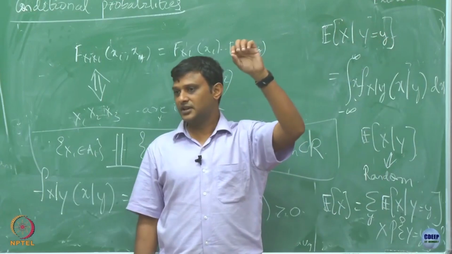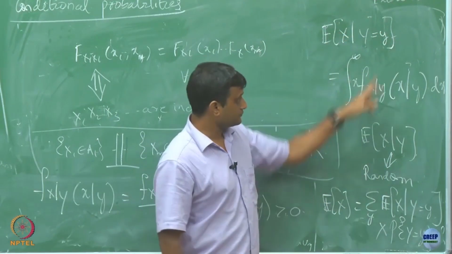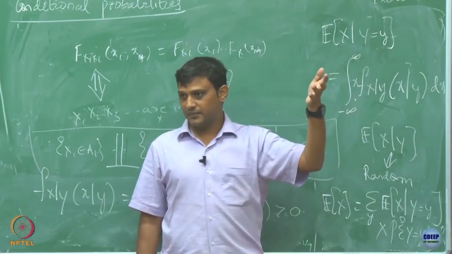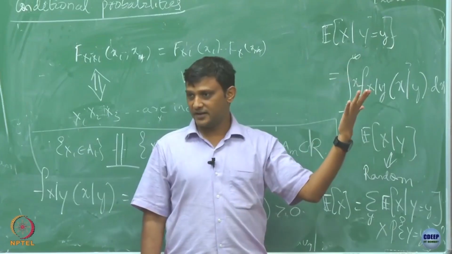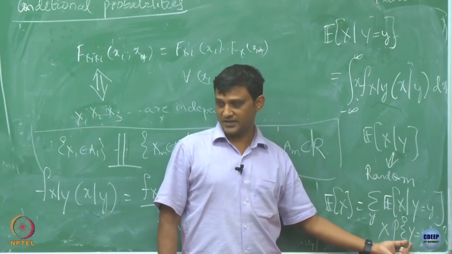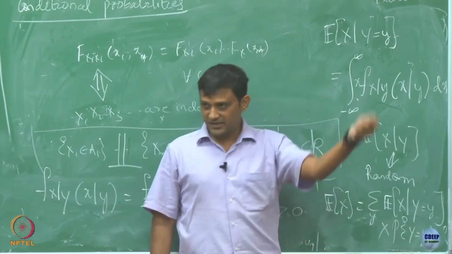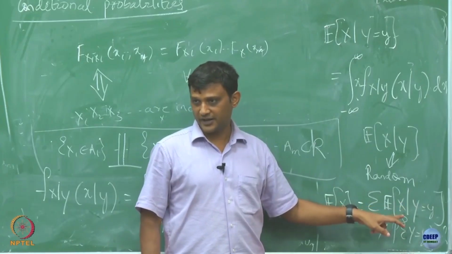Different exams you may be scoring different values. But before I give an exam, I am going to choose that exam with some probability. So first I choose that exam with some probability, and after choosing that exam, this is the expected value you are going to get from that exam.